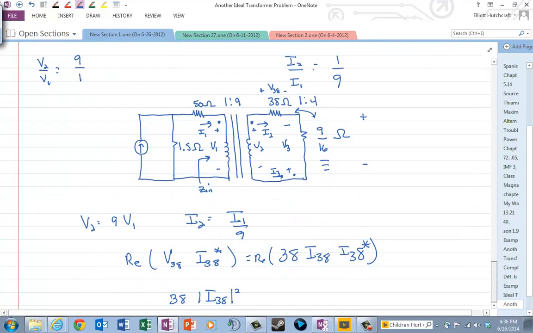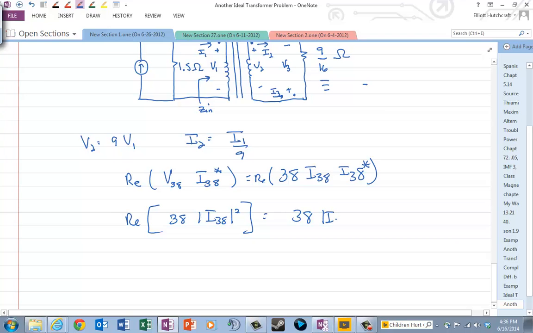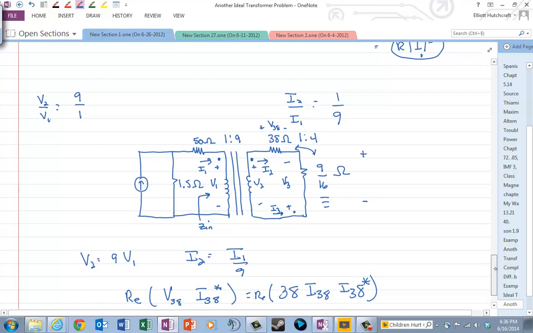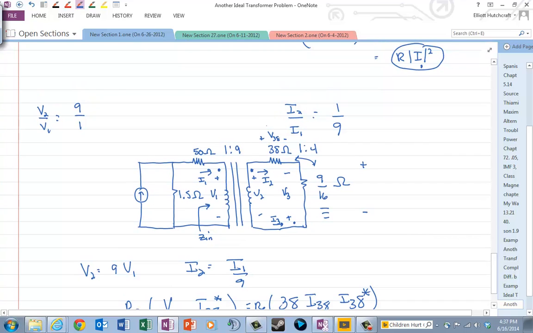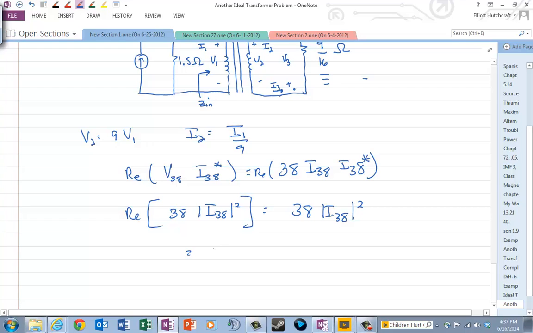Magnitude squared is always a real number, so the real part of this is just this. And what's I38? Notice I38 is the current going from plus to minus there, the same direction as I2, so I can have this as 38 times the magnitude of I2 squared.